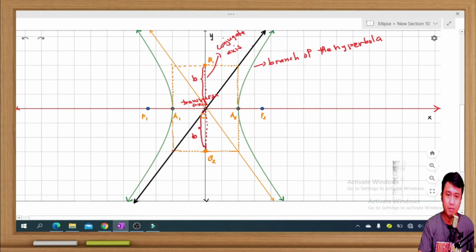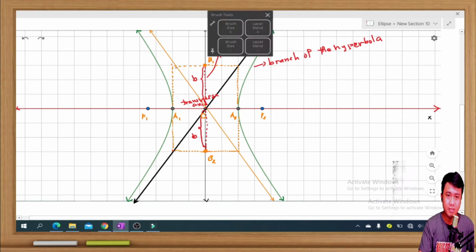Paano natin idudro yan? Katapos ating mag-draw ng rectangle, gawa po tayo ng line, diagonal line, na dadaan doon sa corner nitong ating rectangle. Dadaanan niya din yung ating center ng hyperbola hanggang doon sa pinakababang corner.